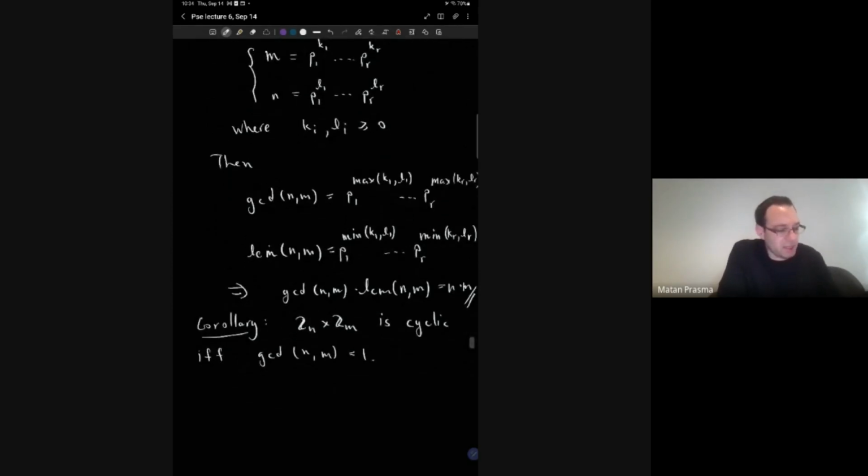And of course, in that case, you have Zn times Zm isomorphic to a cyclic group of order n times m. There's only one, so it's Znm.